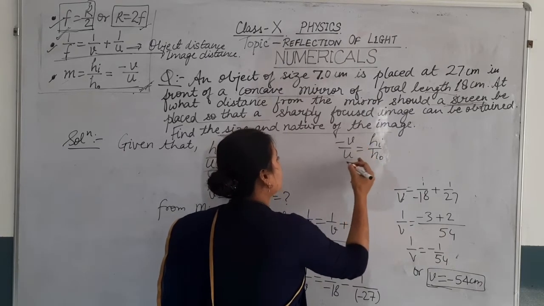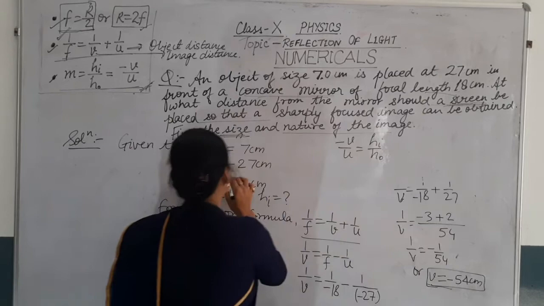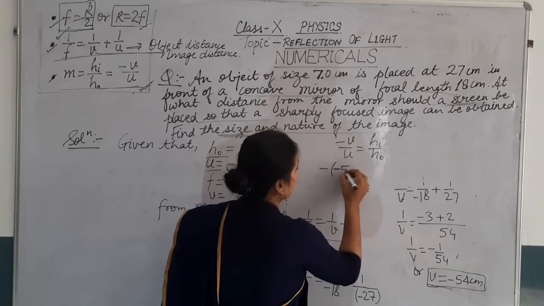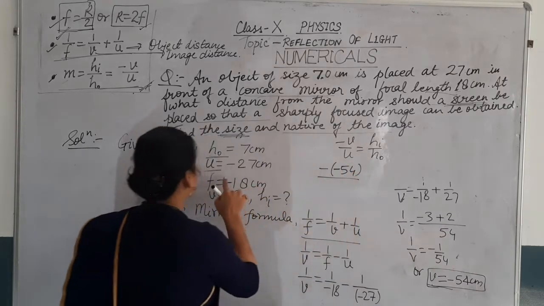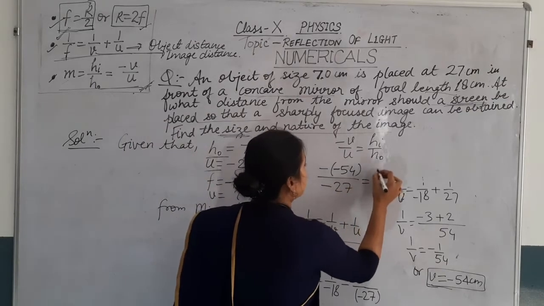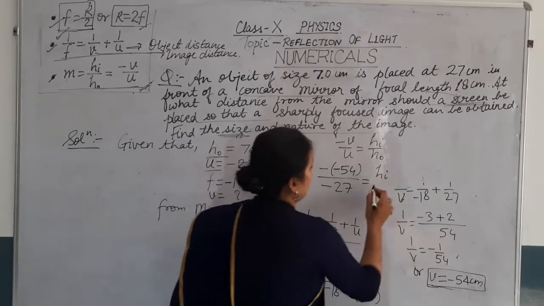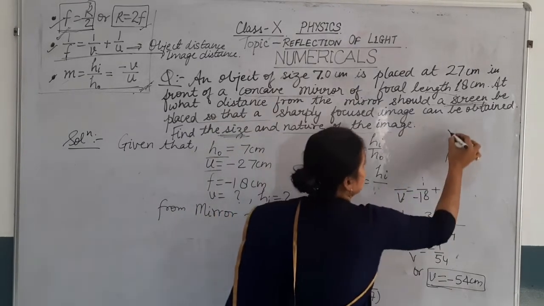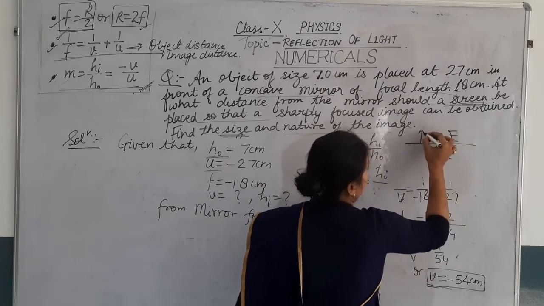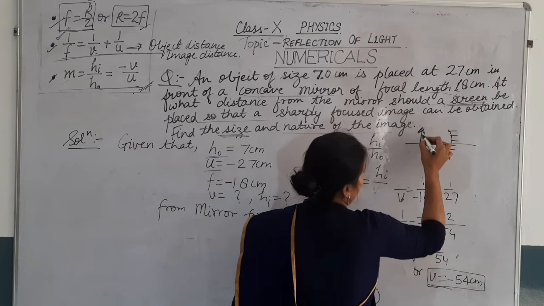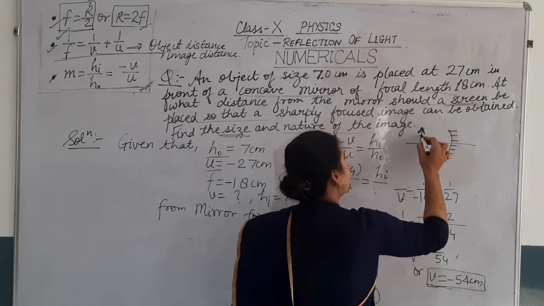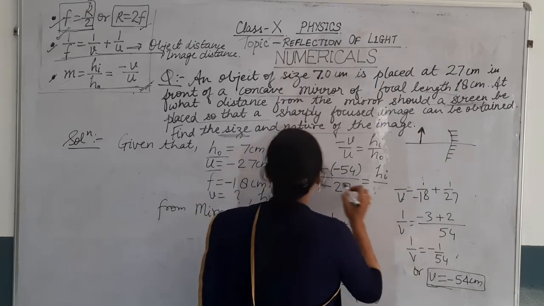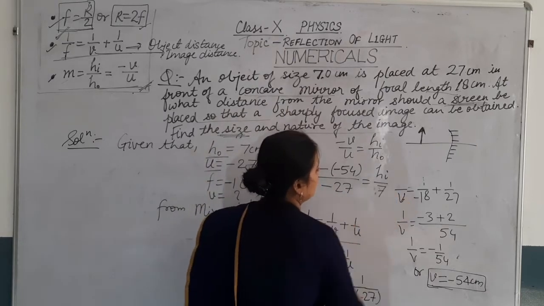Putting the values of v, u and ho with their signs, using sign convention, we get minus of minus 54 upon minus 27 equals hi, which we have to find out, and ho is given as 7 centimeter. Get it clear that the size of the object is perpendicular in the upward direction, parallel to the positive y-axis, so ho will be taken as positive only. We will just write here 7.